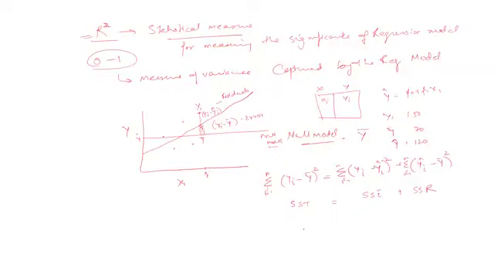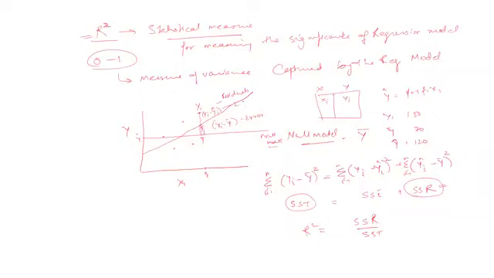So the R square formula is SSR by SST. We try to find out what proportion of SST is covered by SSR. If the proportion is high, for example, if out of the total error this covers around 80%, that means your model is a good model because only 20% of the error is left.